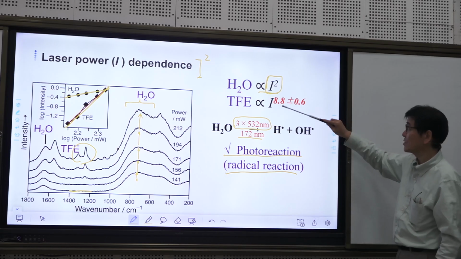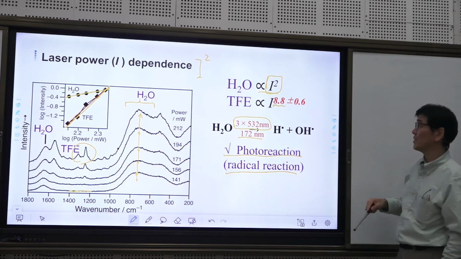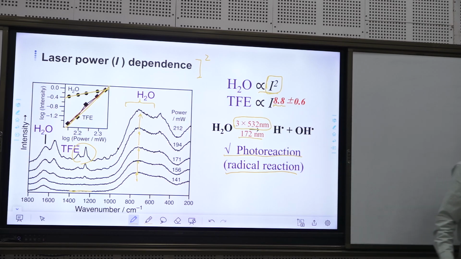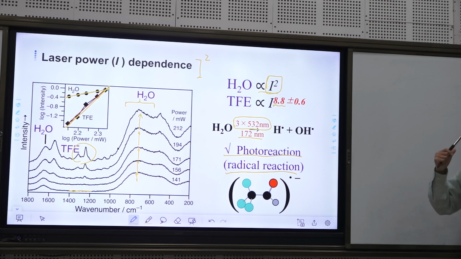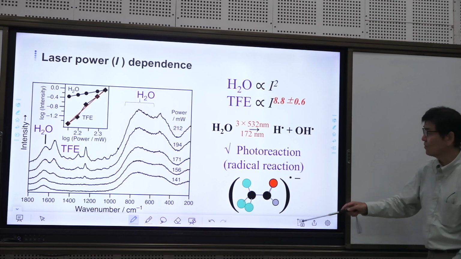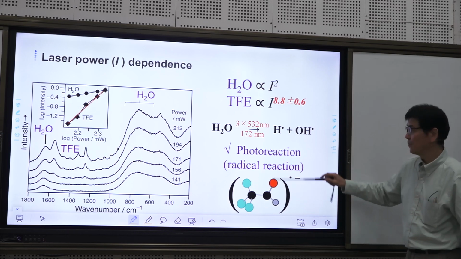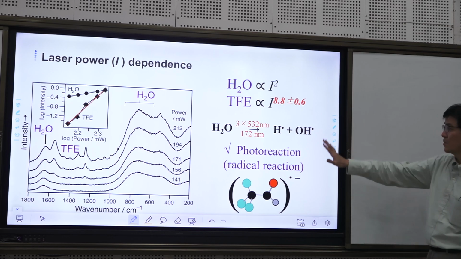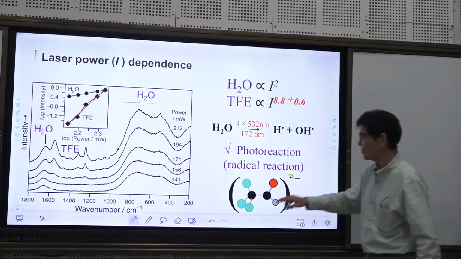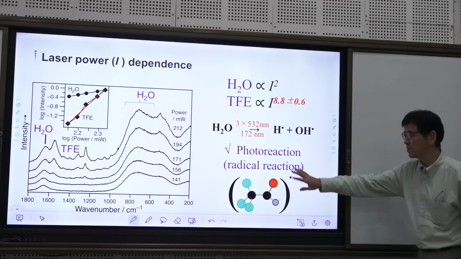Anyway, we need to explain such a large number dependence. So 3-photon dependence is explained here. Okay, so let's update the picture. A plausible model should be not only the anion, but also the radical anion of trifluoroethanol.